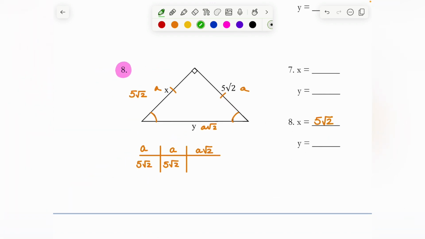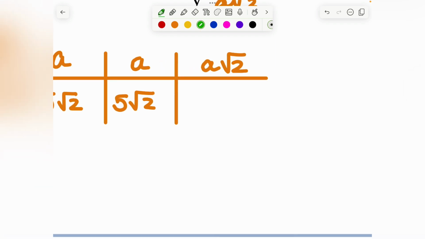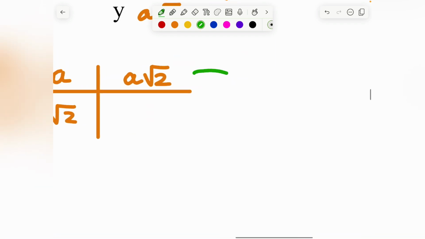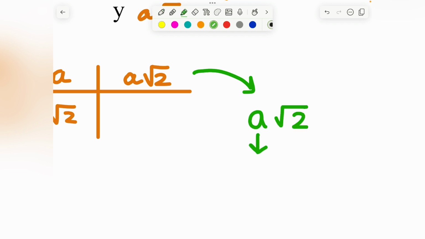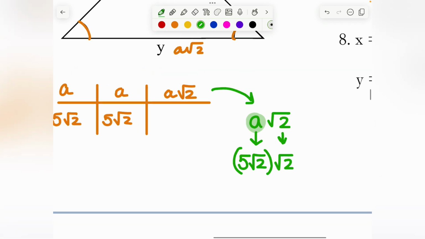Now this one's a little bit weird. I have to find A root 2. So what I need to do is, here, I'm going to write this down here, A root 2. Well, I know that this A is equal to 5 root 2. So I'm going to take that and multiply it by another root 2 to put into the formula.